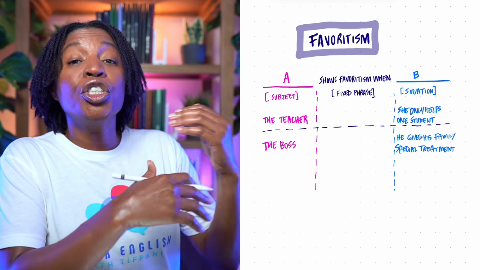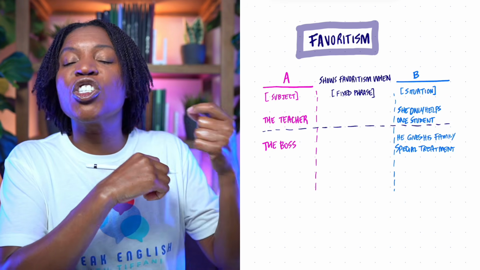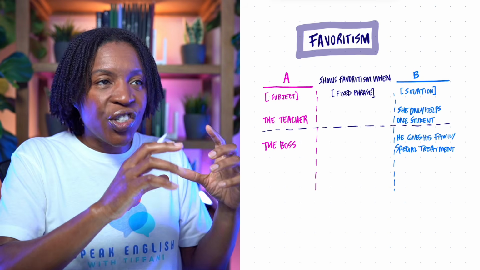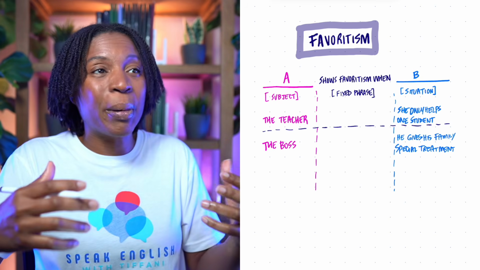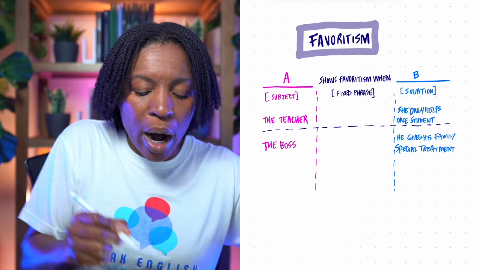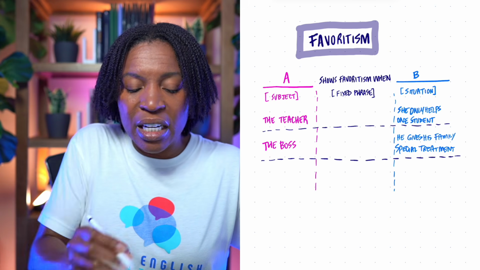The boss shows favoritism when he gives his family special treatment. Again, simple sentence structure, and we're seeing how you can actually use it by selecting A, the subject, and the situation. Let's look at one more example using this simple sentence structure.